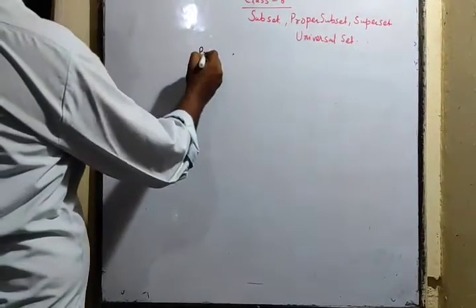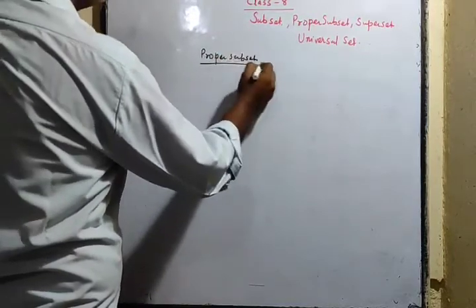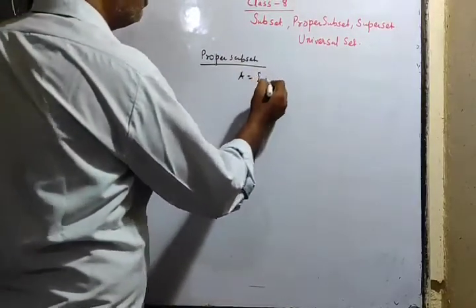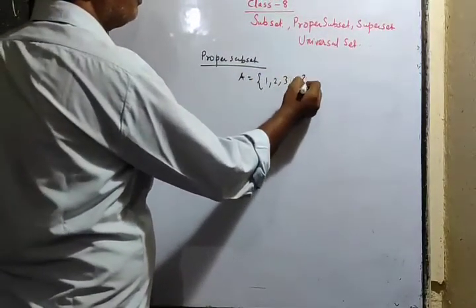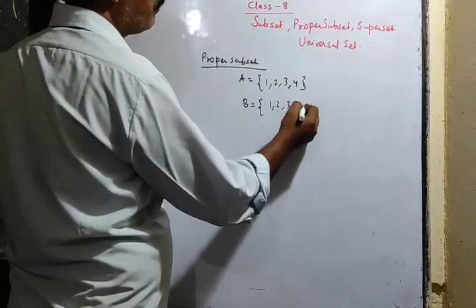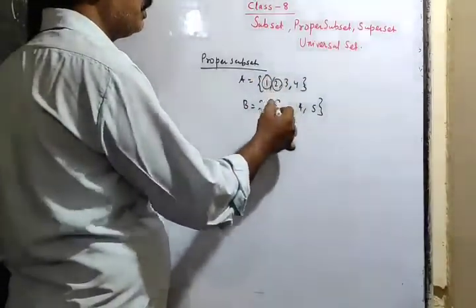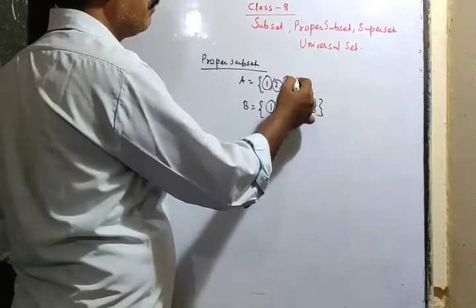Now we'll see proper subset. See this example, A is given 1, 2, 3, 4 and B is given 1, 2, 3, 4 and 5. So what we are finding, 1 is here, 2 is here, 3 is here, 4 is here.